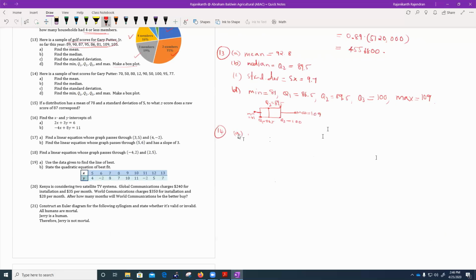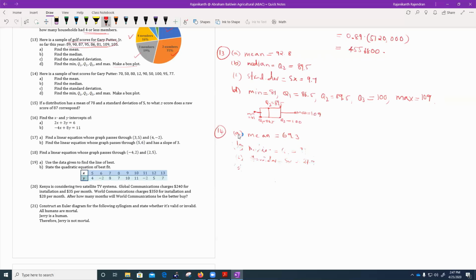Therefore, my mean is 69.3, and the median Q2 is 77, and the standard deviation, which is Sx in your calculator, is 27.9.